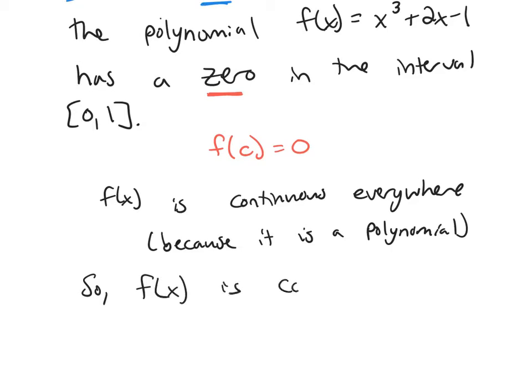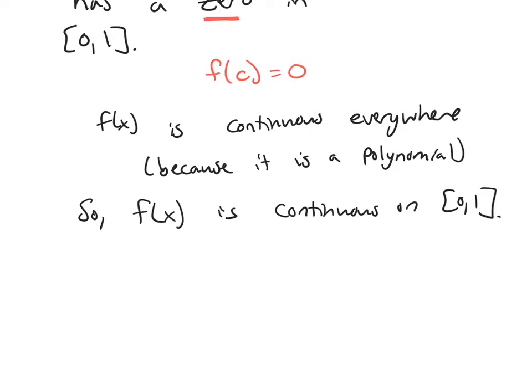F of x is continuous on this interval 0 to 1. And that's what I need to use the intermediate value theorem. So now I'm going to plug in my two endpoints into my function. If I plug in 0 into my function, you'll get -1. If you plug in 1 into your function, you should get 2.